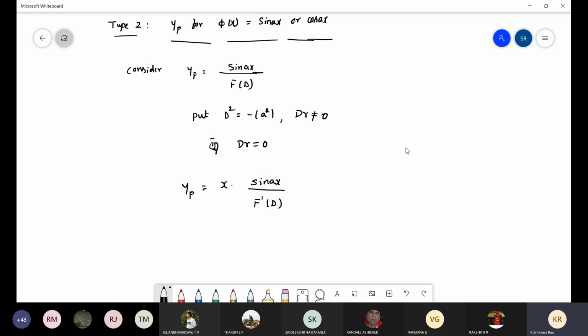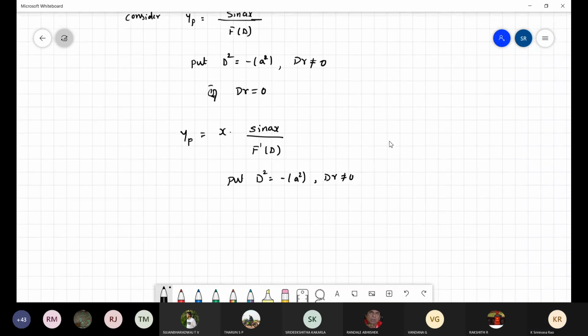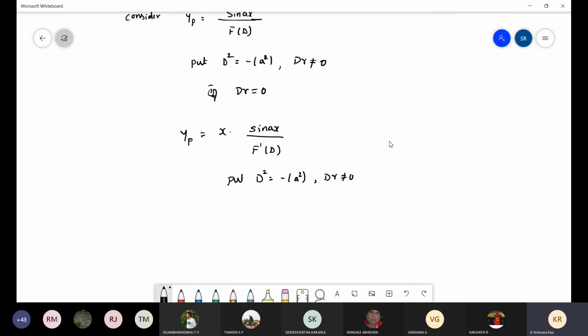Again, put d square equals minus of a square. Again, if the denominator is equal to 0, then yp equals, multiply one more x, it gives x square sine ax divided by differentiate again, it gives f double dash of d, and so on.